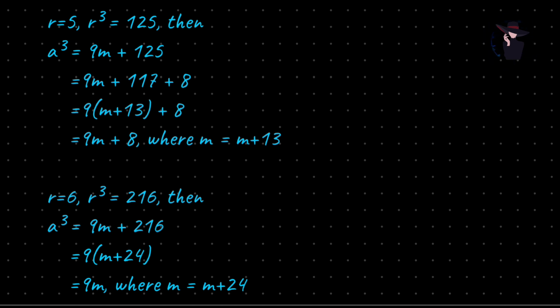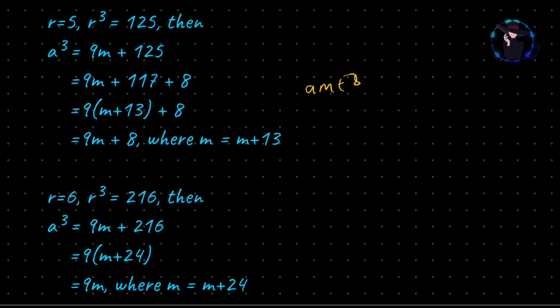Let's take 9 common: 9 into m, 9m, and 9 into 13 is 117. You can do it on the rough column. Plus 8 as it is. Now the value of m should be m plus 13. So it is in the form of 9m plus 8.